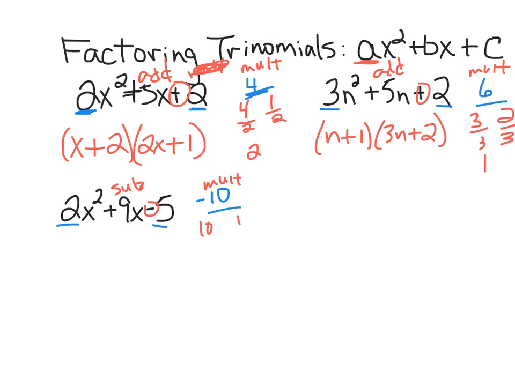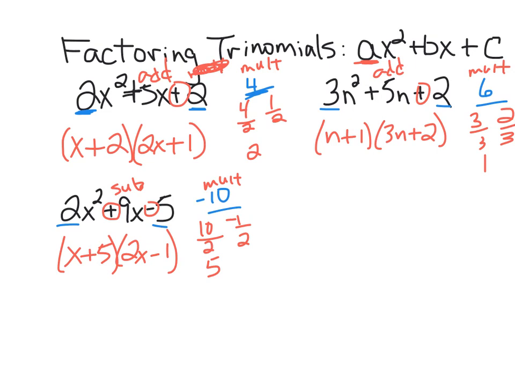So that's going to be 10 and 1. I need to make sure that I get a positive 9. So it's going to be positive on the 10, minus on the 1. Since I was multiplying to get a negative number, I need one of each sign. And then we'll divide them both by that first number in our problem. Divide by 2. 10 divided by 2 is 5. So we're going to have x plus 5 and 2x minus 1.